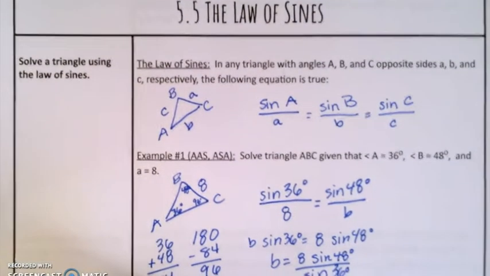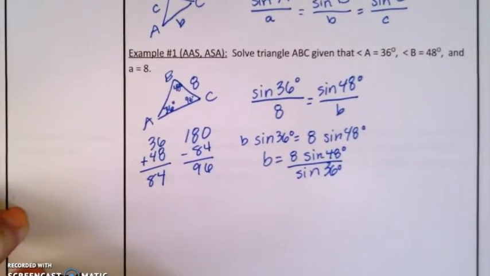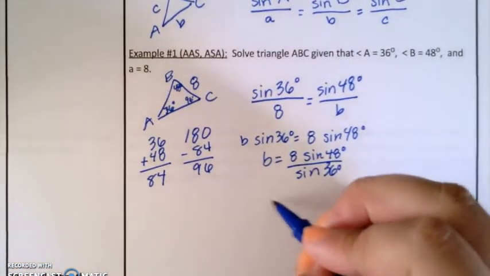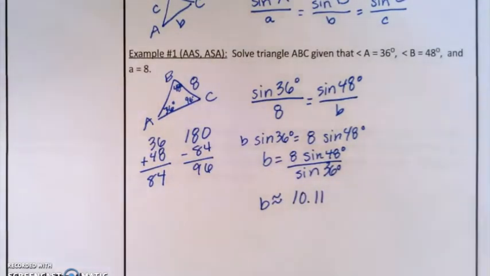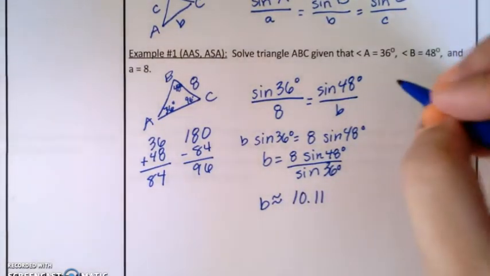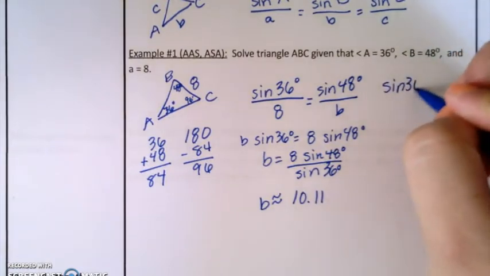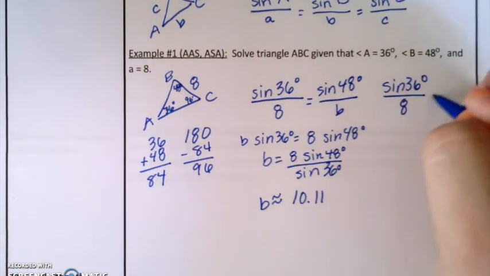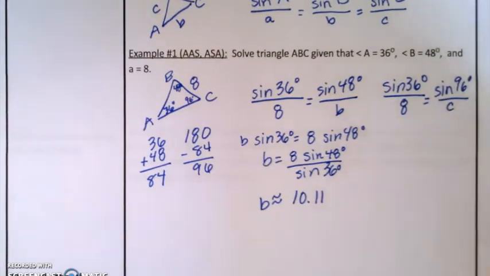Let me move the camera down here. Okay, using a calculator, we can approximate that to be 10.11. So that's side length b. We're going to use the same process for side length c. Sine of 36 degrees divided by 8 equals sine of 96 degrees divided by c.